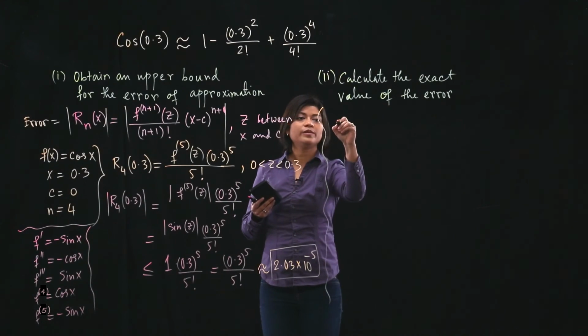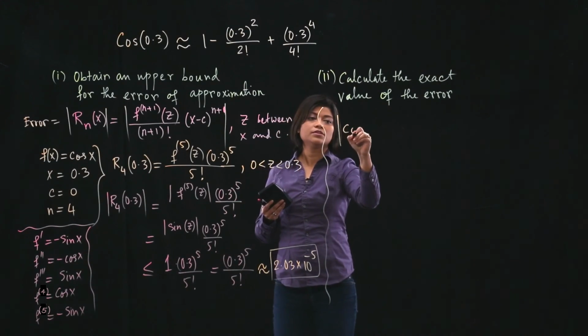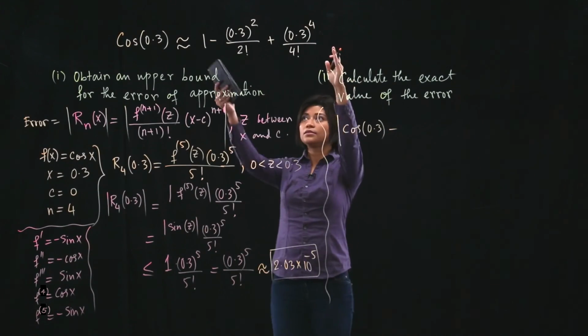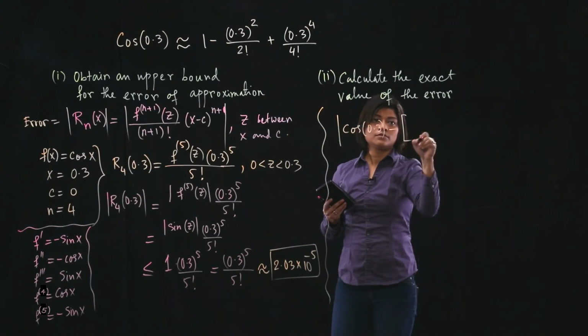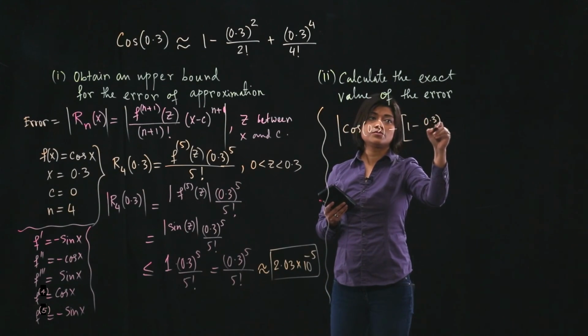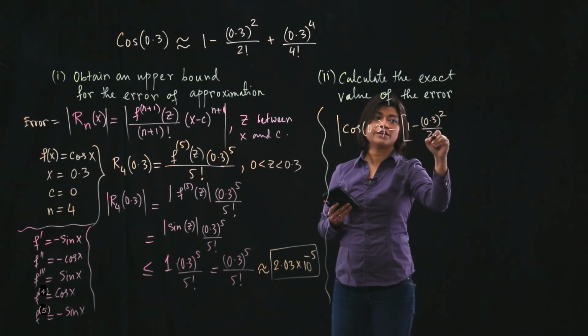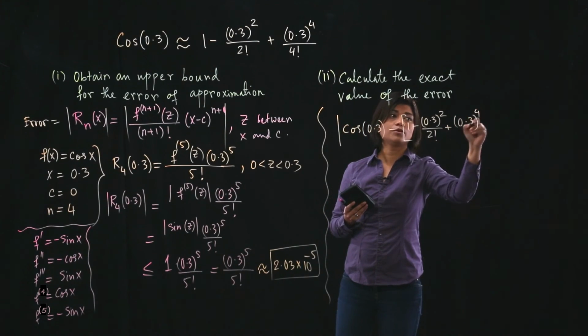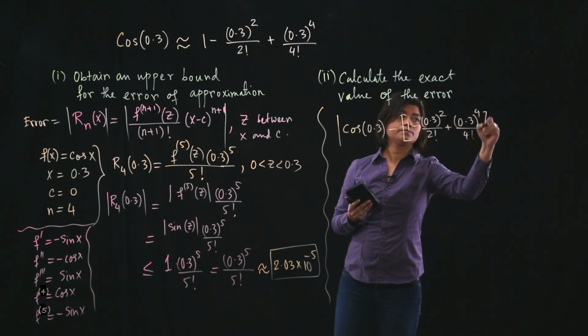The exact value will be the absolute value of the difference between cosine of 0.3 and the right-hand side, which is 1 minus 0.3 squared over 2 factorial plus 0.3 to the 4 over 4 factorial.